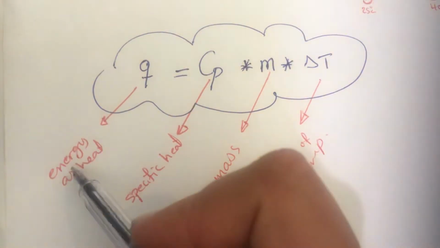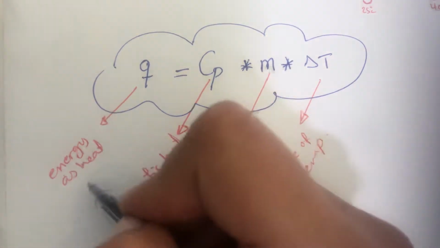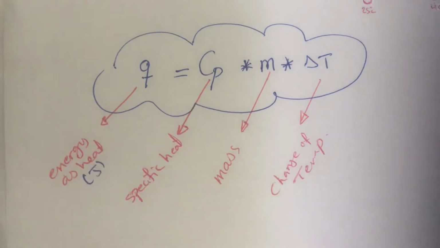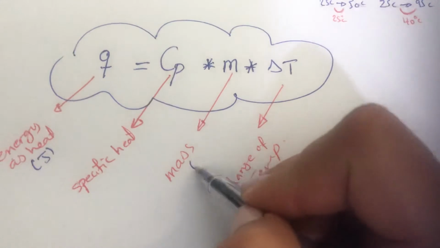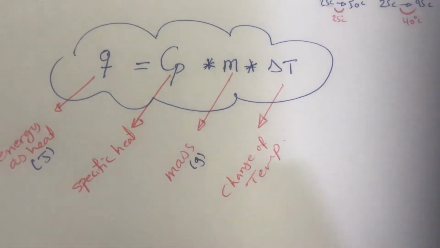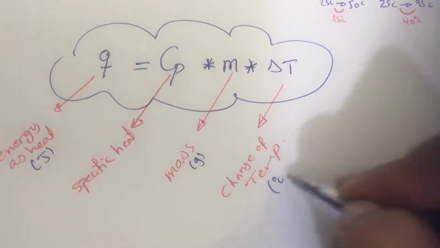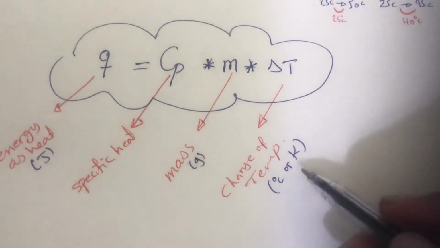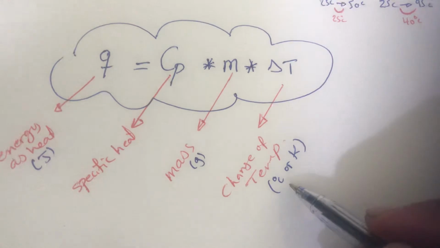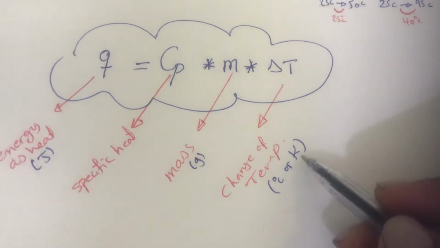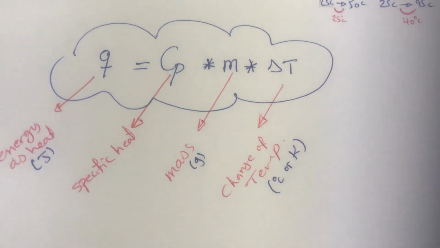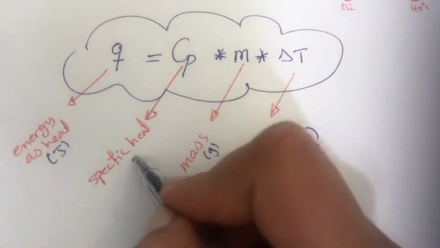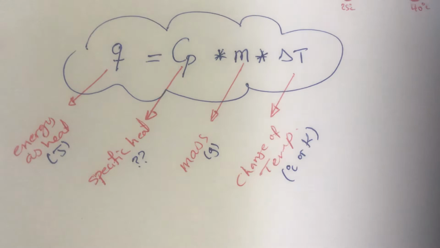So here, what is the unit for energy? Joule. The unit for mass is gram. And the unit of temperature is Celsius or Kelvin. So it depends on the question. If Celsius, don't change to Kelvin, or if the question is Kelvin, don't convert to Celsius. So what is the unit of specific heat?